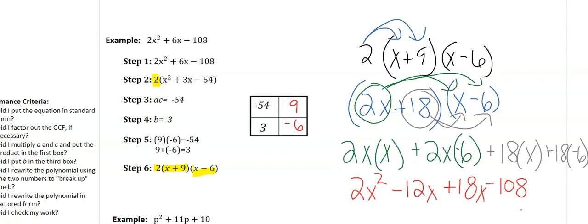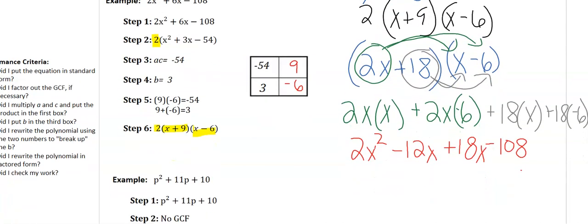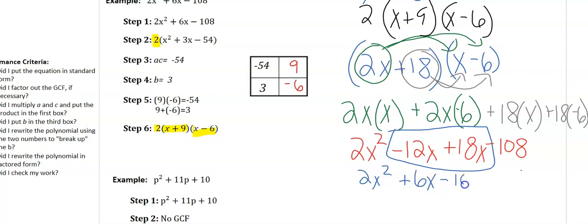So if I go ahead and combine my like terms, which is the x's in the middle, I'd be left with 2x squared plus 6x minus 108. And if we look, our final answer does match our original trinomial.